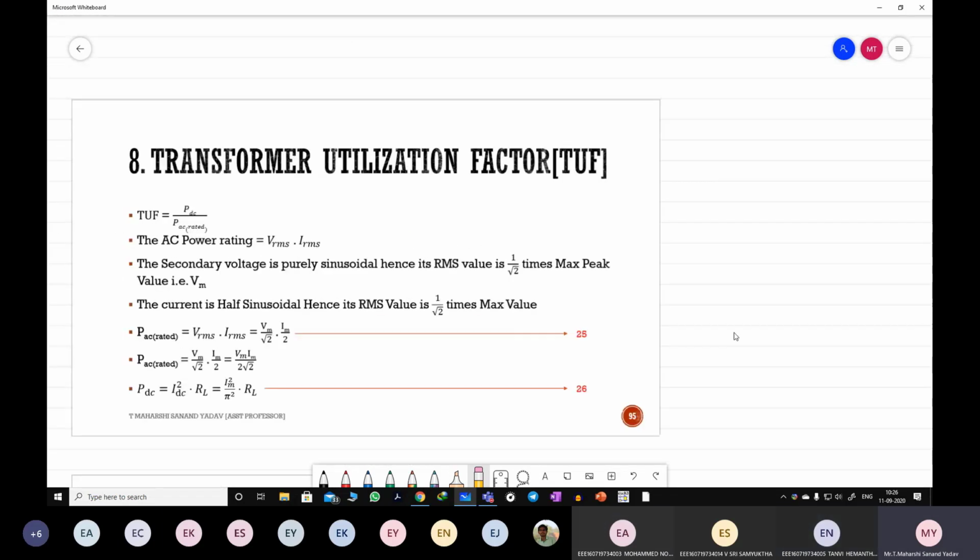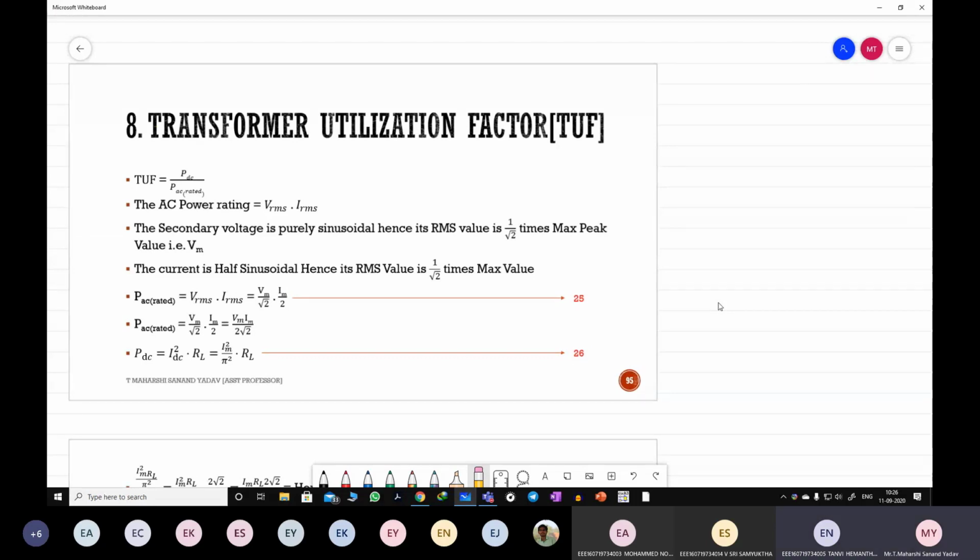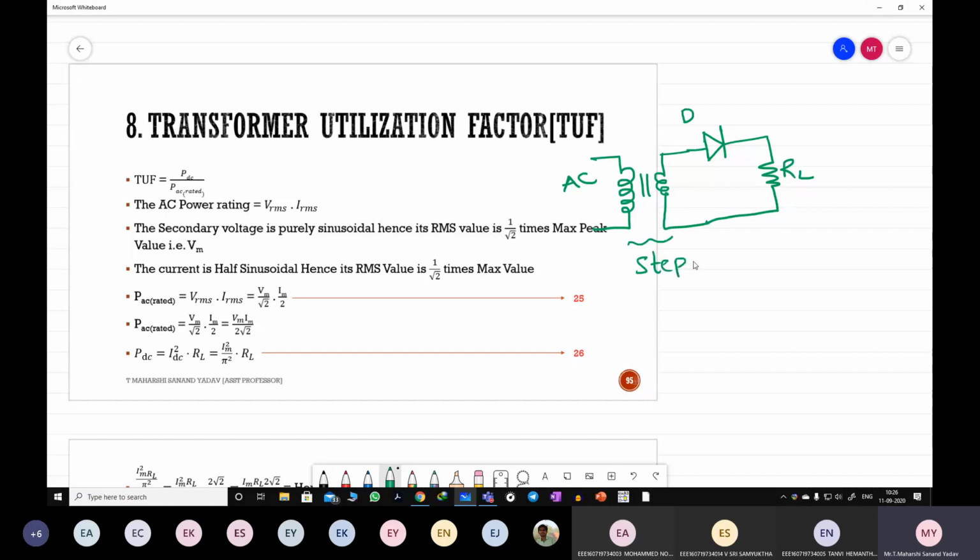We are using a step down transformer, and the input is AC. Taking the example of a half wave rectifier, the load is the resistor RL, this is the diode, and this is the step down transformer.